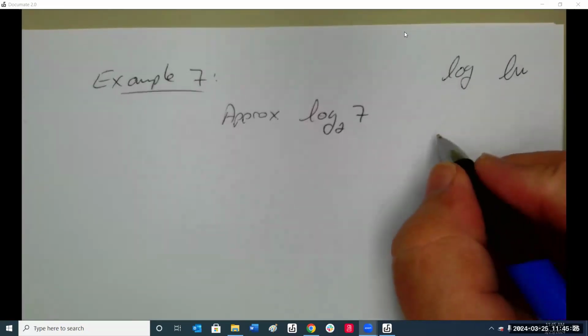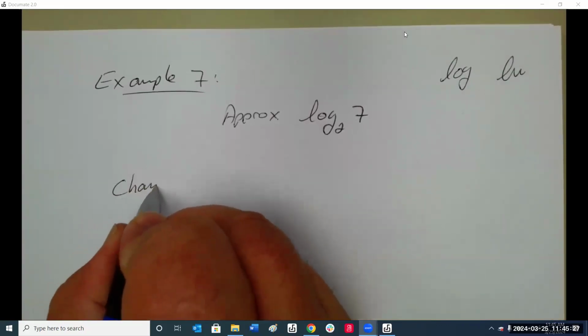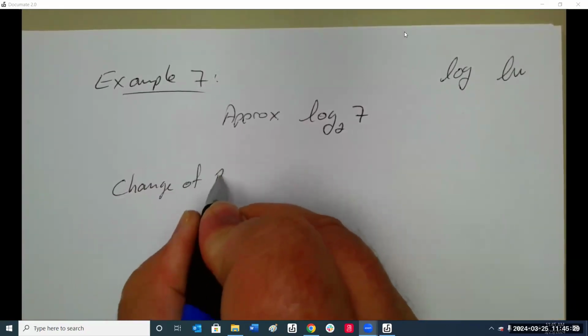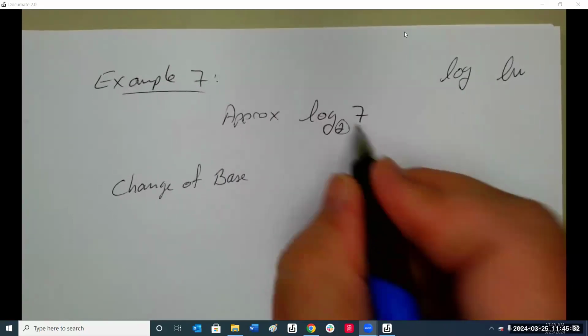So what we have to do is something called the change of base. We can't have a 2 there.